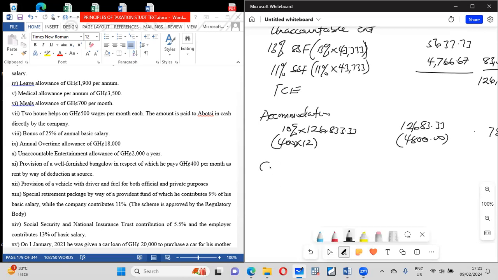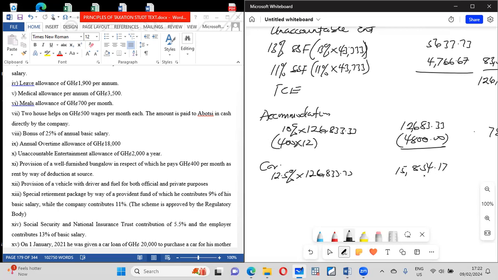Then what about the car? The car element. Vehicle with driver with fuel. Vehicle with driver, fuel. Everything is in there. So it will be 12.5% of 126,833.33. So let's do that. 0.125 by 126,833.33. That gives me 15,854.17.